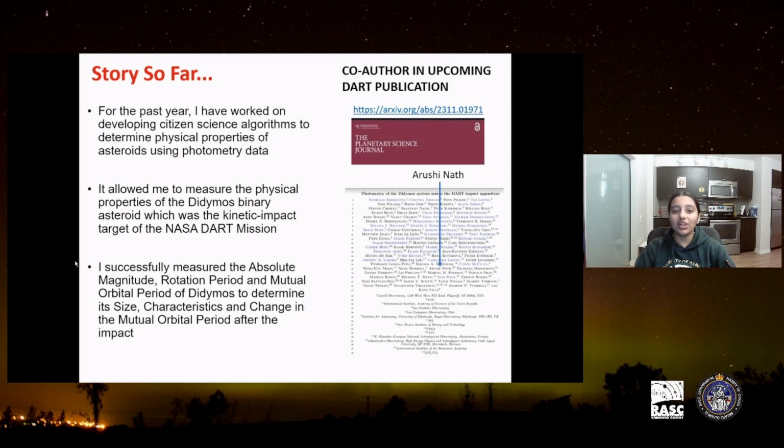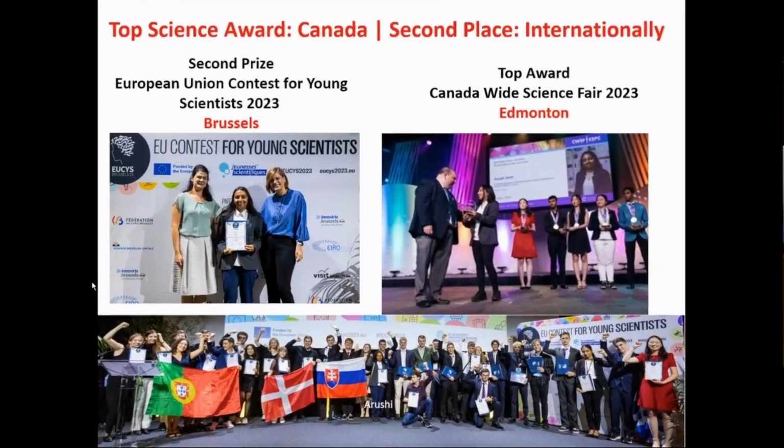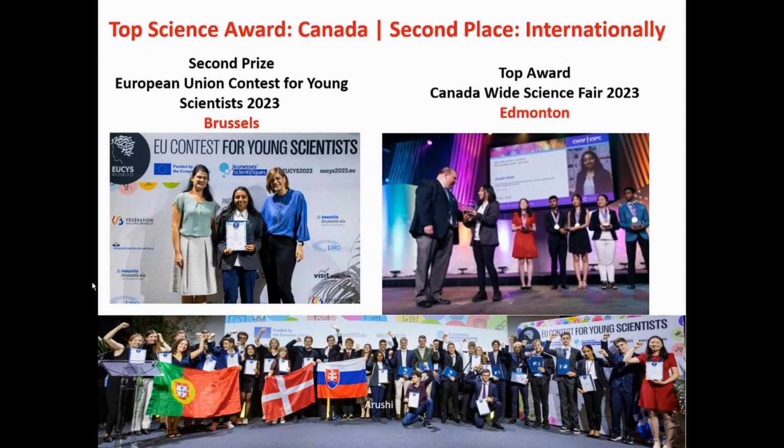And this project was very successful, and I was able to measure several physical properties of the asteroid, like its absolute magnitude, its rotation period, the orbital period of the moonlet, and its size. And this was really fascinating for me. And it was amazing to have my project win the top award in Canada.